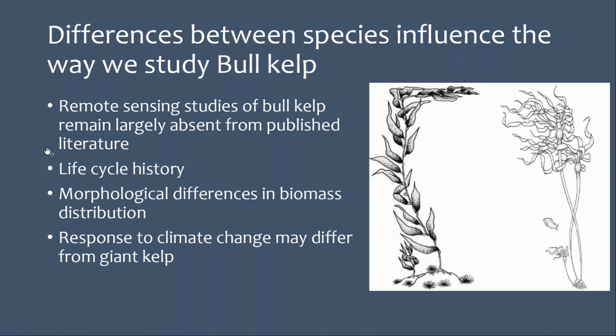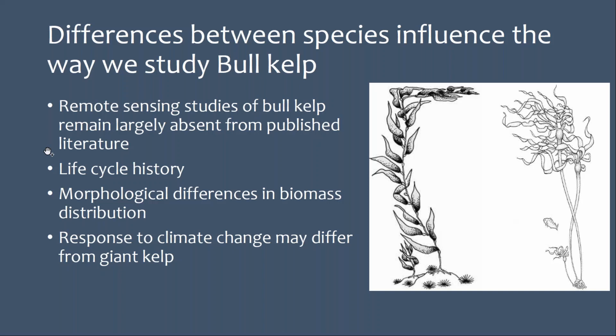So when we think about remote sensing of kelp using satellites, giant kelp pops into our minds usually, and that's because remote sensing studies of bull kelp remain largely absent from the published literature. And because of this, there are several important considerations to take into account between bull kelp and giant kelp. The first is the life cycle history.